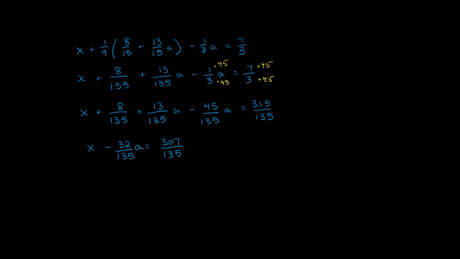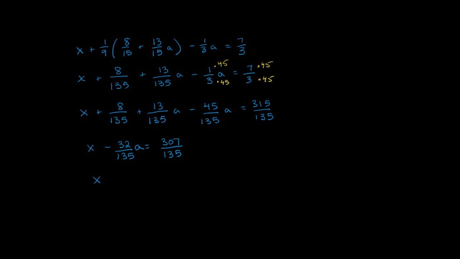Oops, I missed my a. I don't think 32 over 135 reduces. No, that does not reduce. I don't think the 307 over 135 reduces. I am using the fraction button on my calculator to help me there, because those are not ones that I can just immediately see and be like, oh yeah, that reduces. But doesn't look like it.